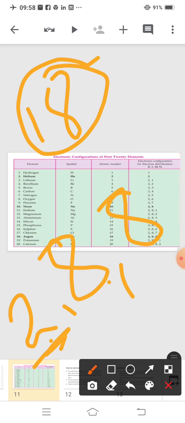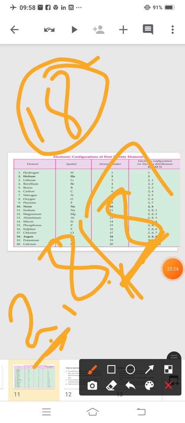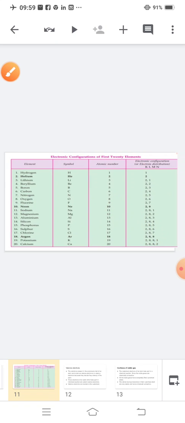In the last shell, the maximum number of electrons you can accommodate is 8, so it is completely filled. So it is stable and unreactive because it will neither gain nor lose an electron. That's why it is unreactive and stable. Clear?